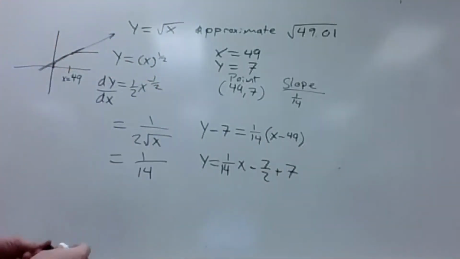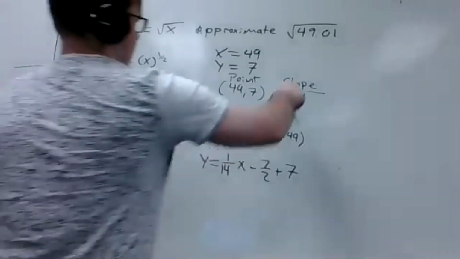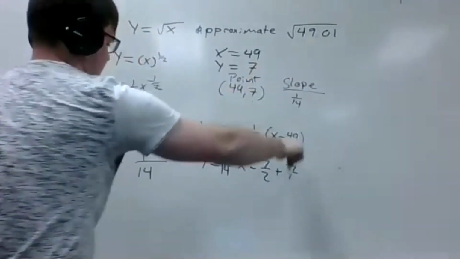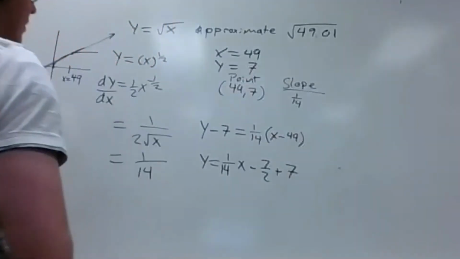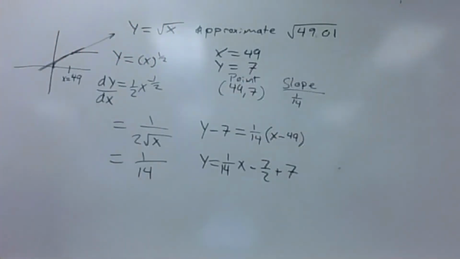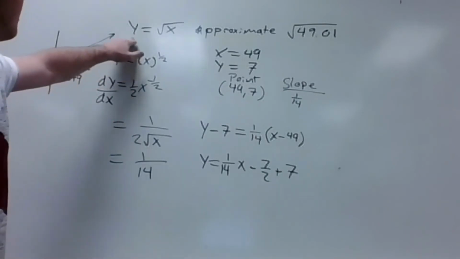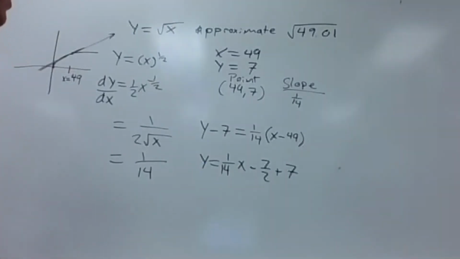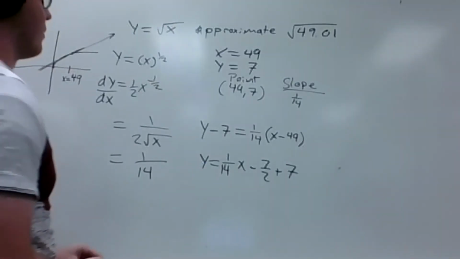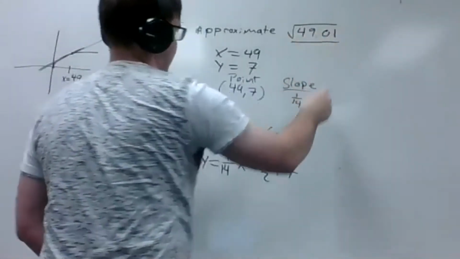And now what we basically do is take this 49.01 and plug it into this x equation to get our value. So instead of doing it here, we're going to do it here, and we should come out with some answer that is really close to what this actually is.